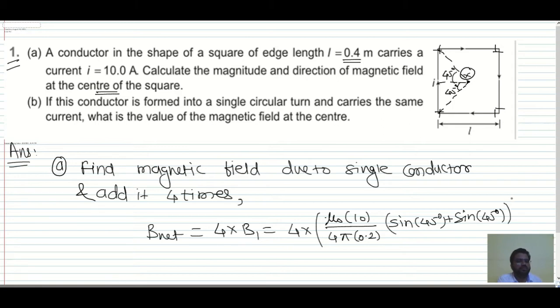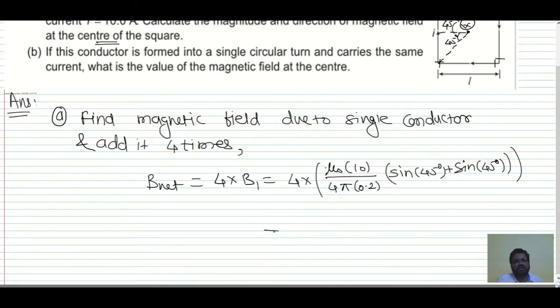So this 4 gets cancelled. This is 4 pi into 10 to the power minus 7 into 10 divided by pi into 0.2 into this is 2 by root 2.